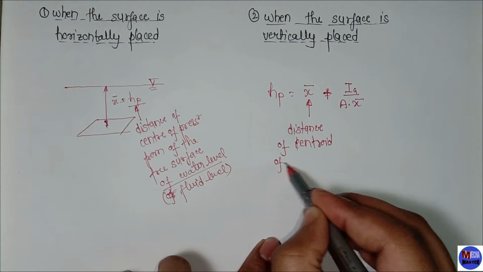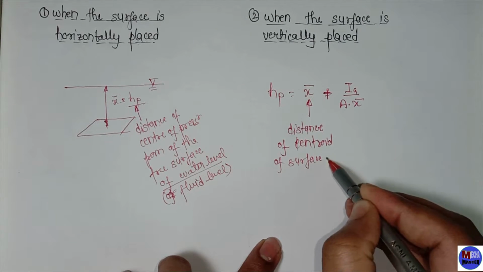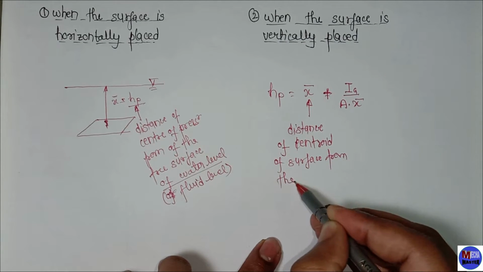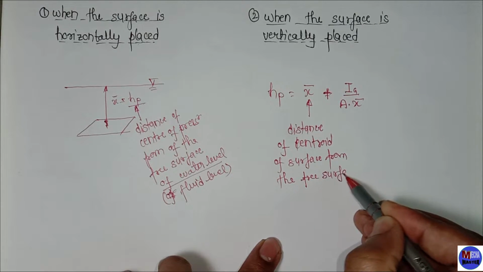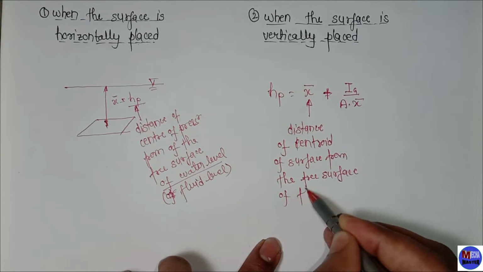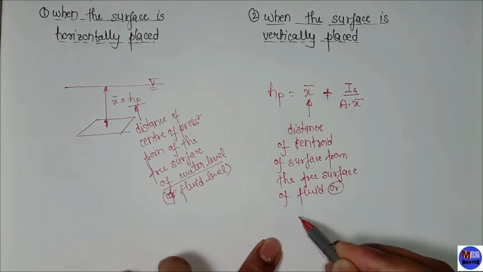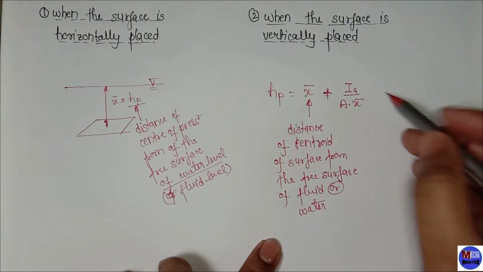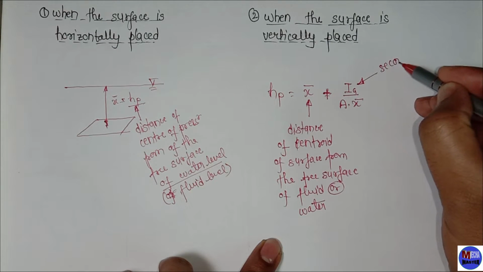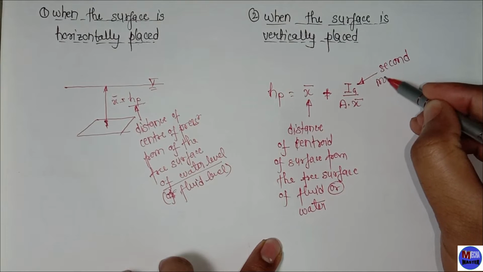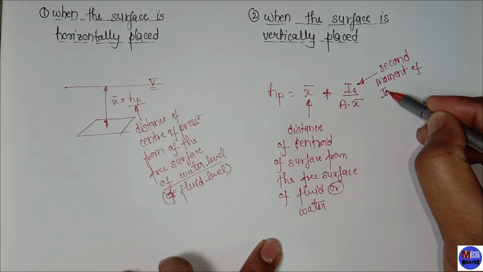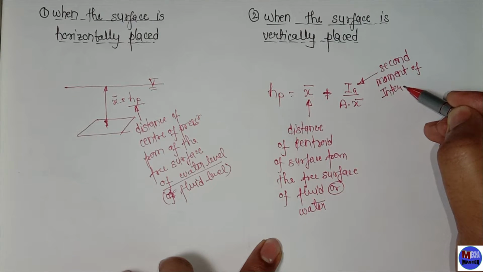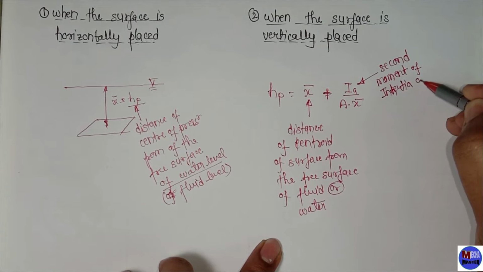distance of centroid of surface from the free surface of fluid or water, Ig is second moment of inertia about centroidal axis.